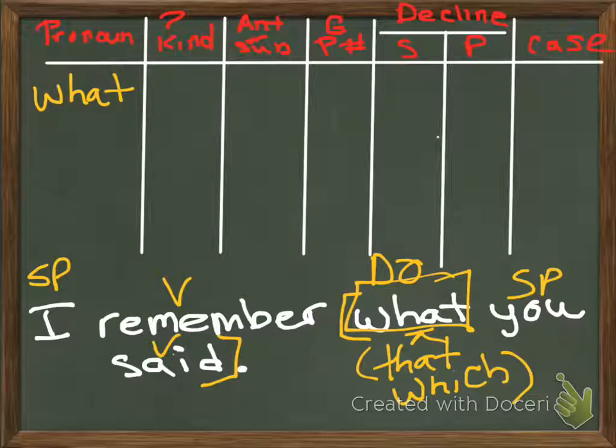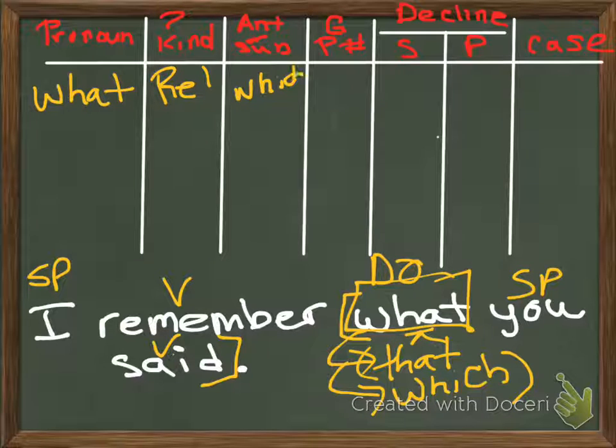What kind is it? Well, it's starting a clause, so it's a relative pronoun, and it's referring to that and which. So that is kind of modifying which, if you will. So we'll put which in there.